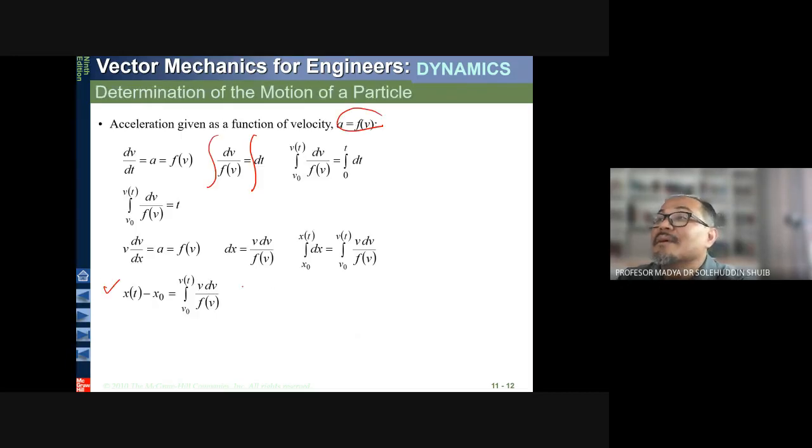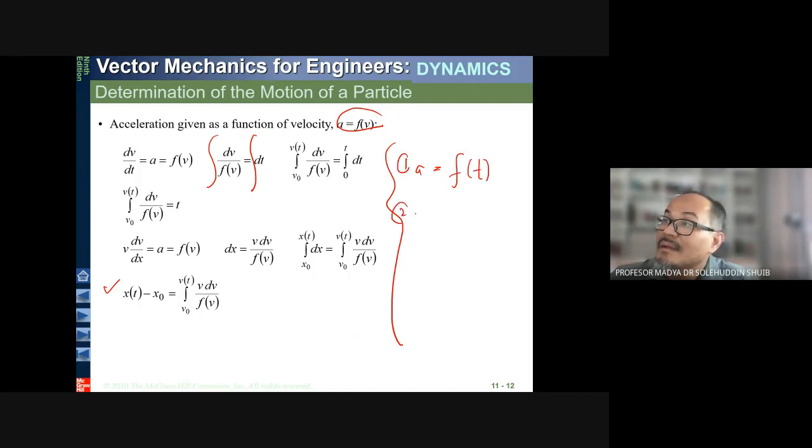So in a nutshell, these are the three common classes of motion I mentioned just now. The first case is a as a function of t, the expression as a function of time.